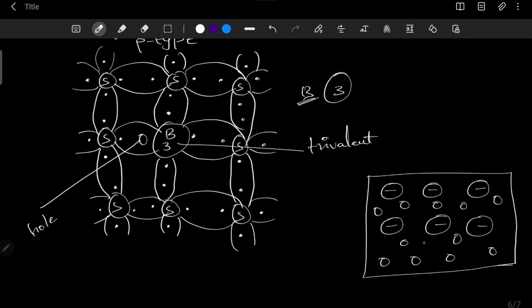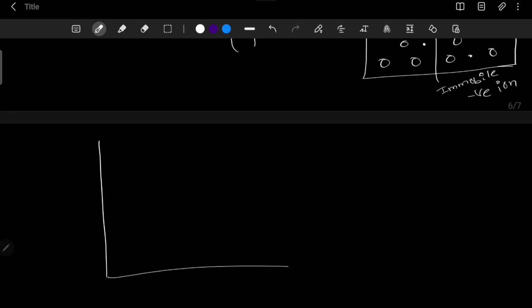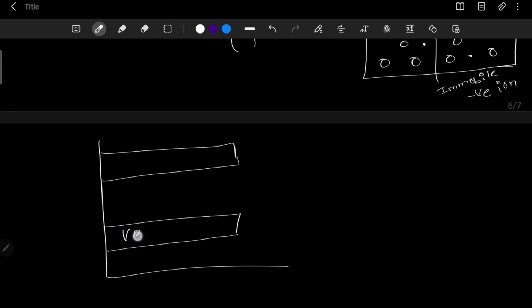So here after the breakdown of the covalent bond, the electrons will move from the valency band to the conduction band. In place of that electron, the holes will be created. Here there are only 4 electrons and we have 5 holes, right? So we have 5 holes in the valency band. That's why the holes are the majority when compared to the electrons.